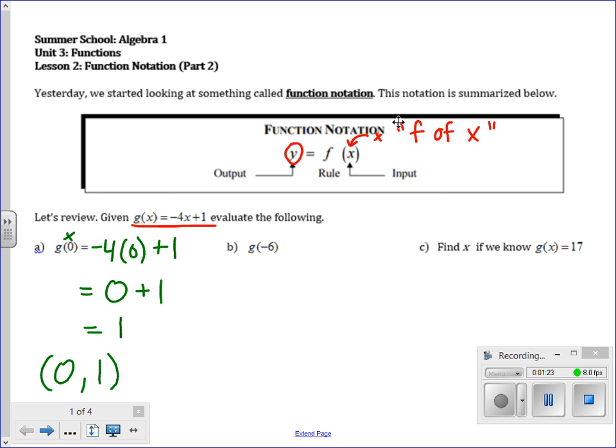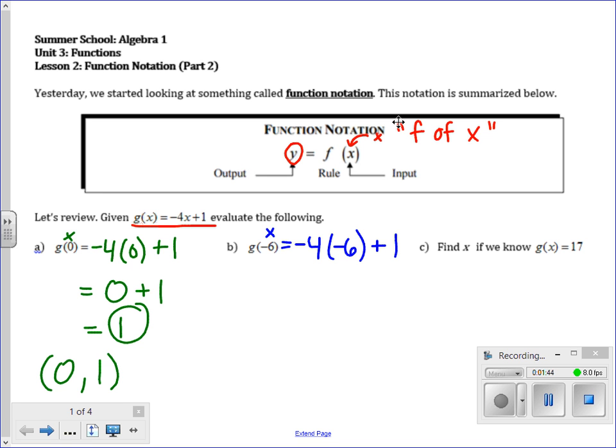We often write our answer as an ordered pair, or you can leave your answer just as 1. In part B, we're trying to find g of negative 6. Well, negative 6 is an x value again, which means I'm going to put that x value of negative 6 in place of x in the function.